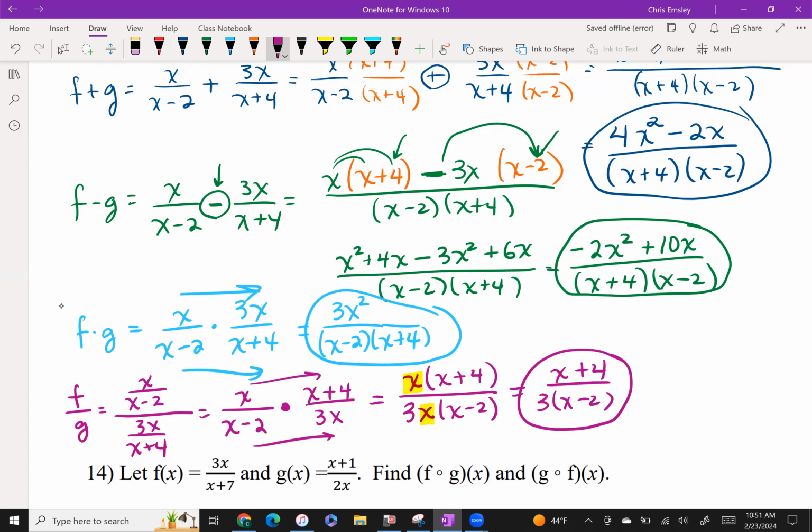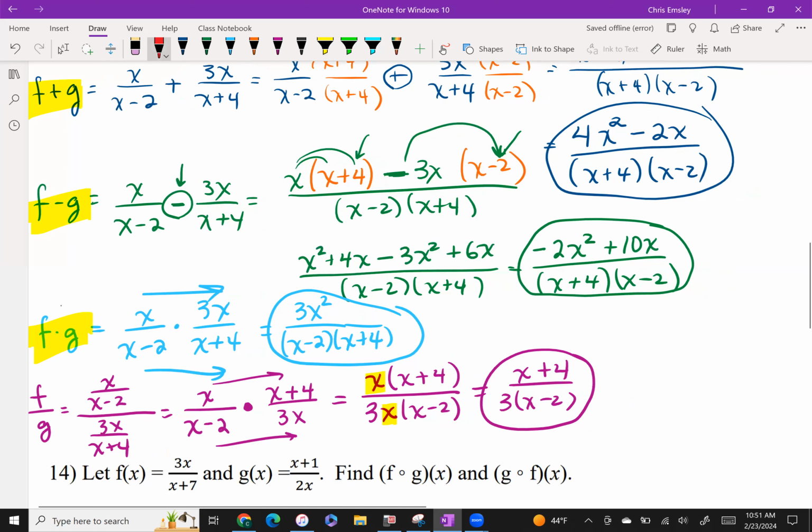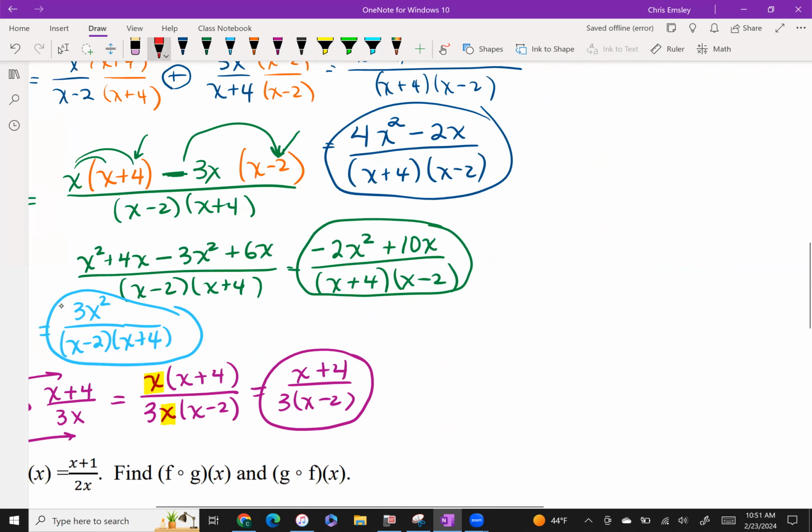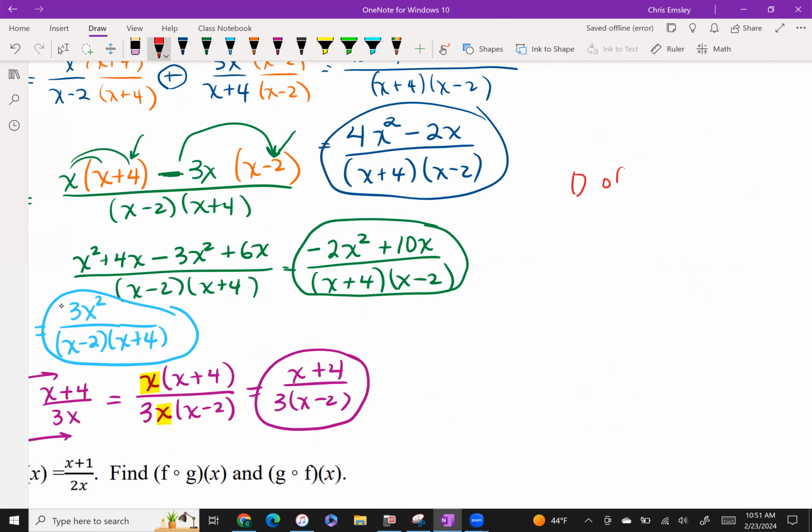Okay, now domain. We need to talk about domain. So the domain for the sum and the difference and the product, they all have the same domain, and they all are based on the domain of the original two functions. So we need to look at the domain of f of x. Remember, f of x was x over x minus 2.